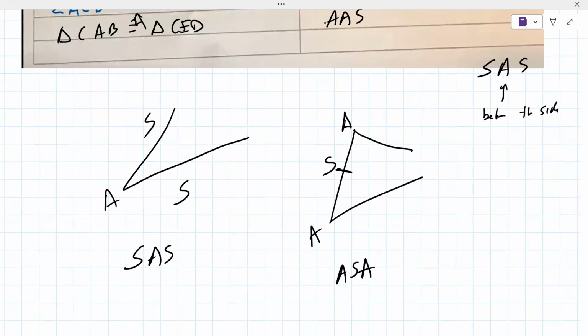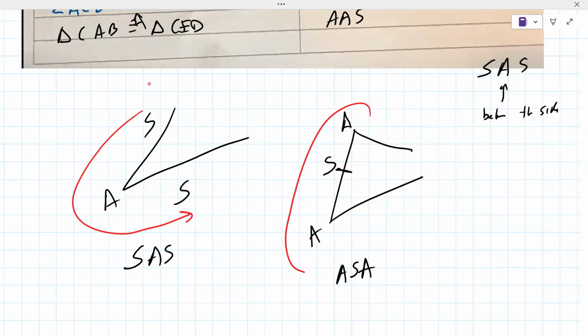Do we have to start with the vertex when we're trying to identify which one's which? No, it's a path. You could think of it as rounding first, second. It's a direction.